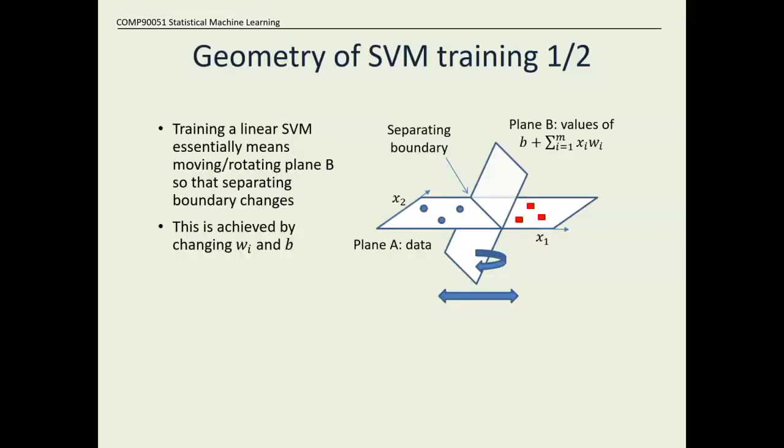Okay, so I sort of showed this picture before. You can think of training the SVM as rotating the plane. So we can rotate it around so that we get linear separation. And then this non-uniqueness thing is about rotating it around the decision boundary.